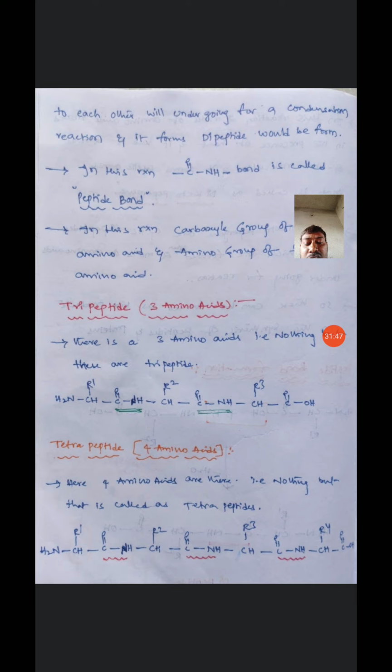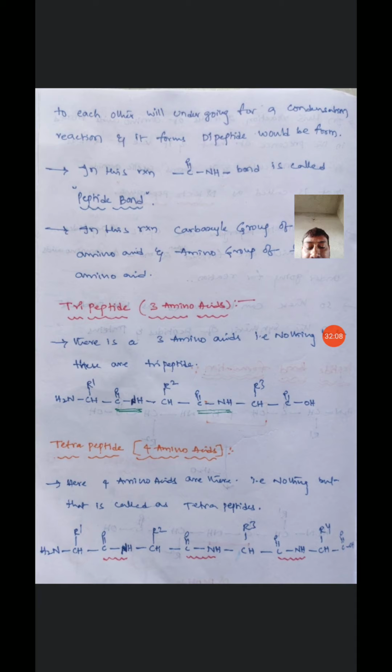Here NH2 CHR1 C=O NH, CHR2 C=O NH, CHR3 C=O NH, and CHR4 C=O OH.